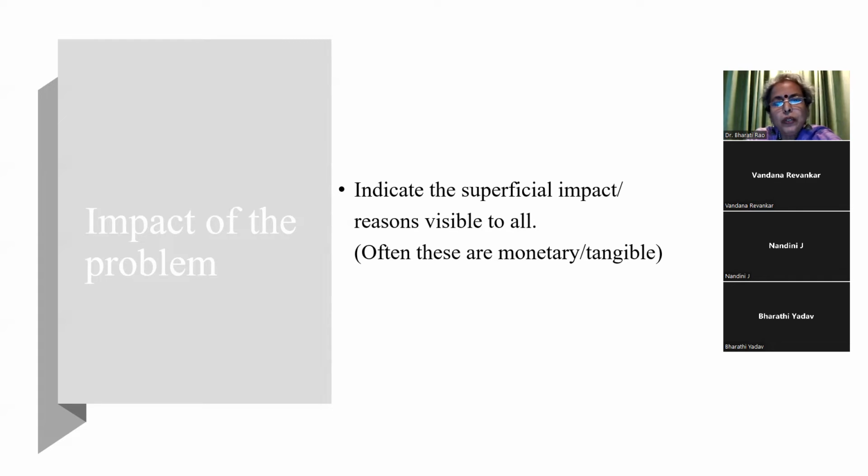Now, impact of the problem: indicate the superficial impact, reasons visible to all. Often these are monetary or tangible. Like in this case, the external result is that Rupa is not able to run the races in school. She's not able to participate to the extent that the school requires, which is mandatory as part of physical exercise.